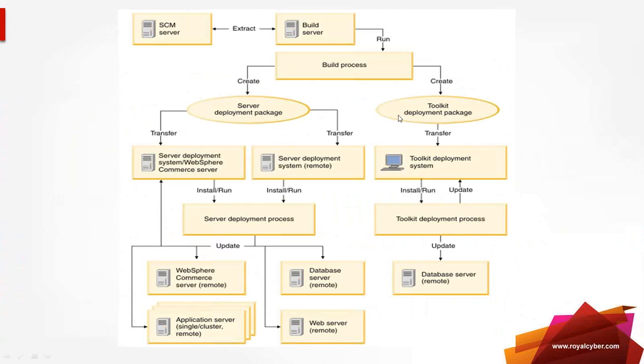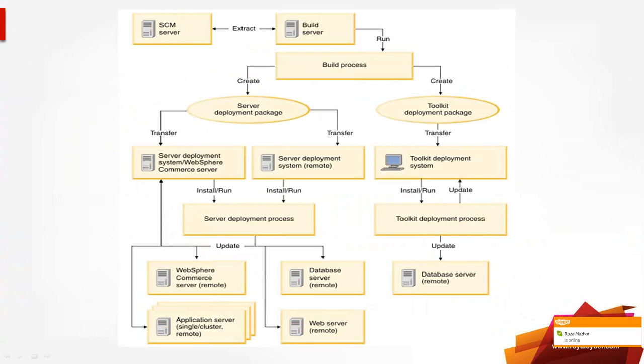In this slide, we are going to go over the high-level flow of what all the different components WCBD touches. This is the SCM or your CVS repository where all the code is.